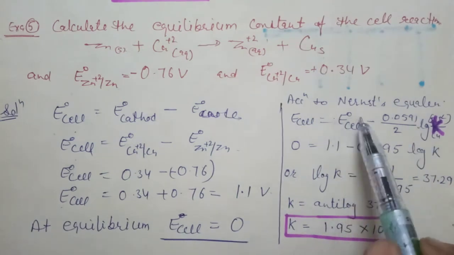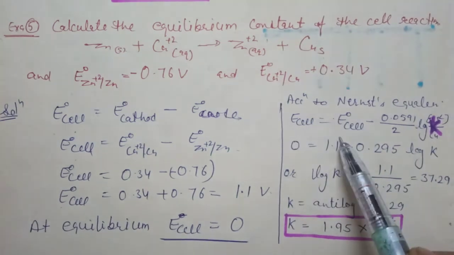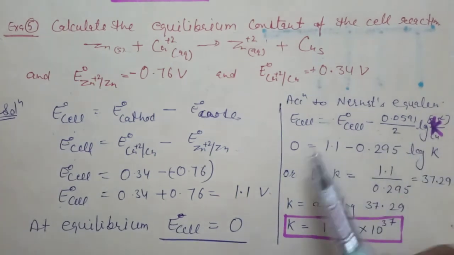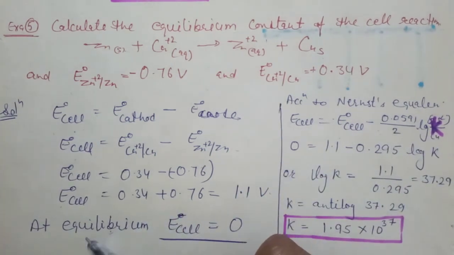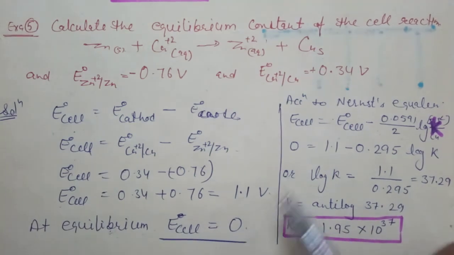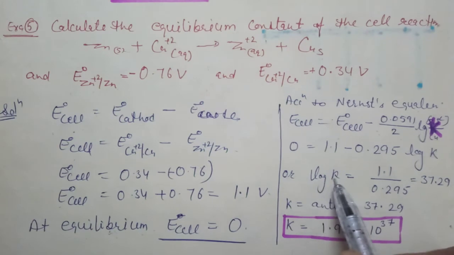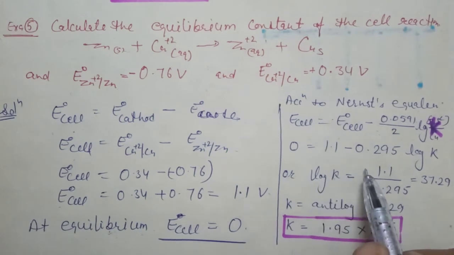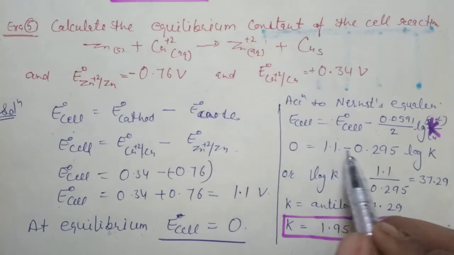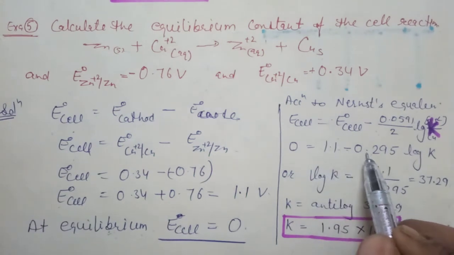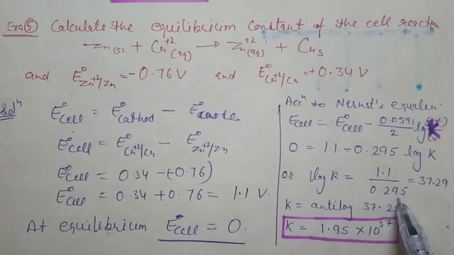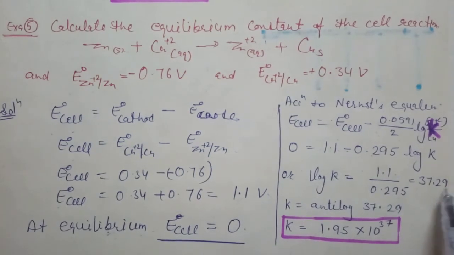According to the Nernst equation, E cell is equal to E naught cell minus 0.0591 upon 2 log K. I have already told you that at equilibrium E cell is equal to 0. Then 0 is equal to 1.1 minus 0.0295 log K, so log K is equal to 1.1 upon 0.0295, which is 37.29.